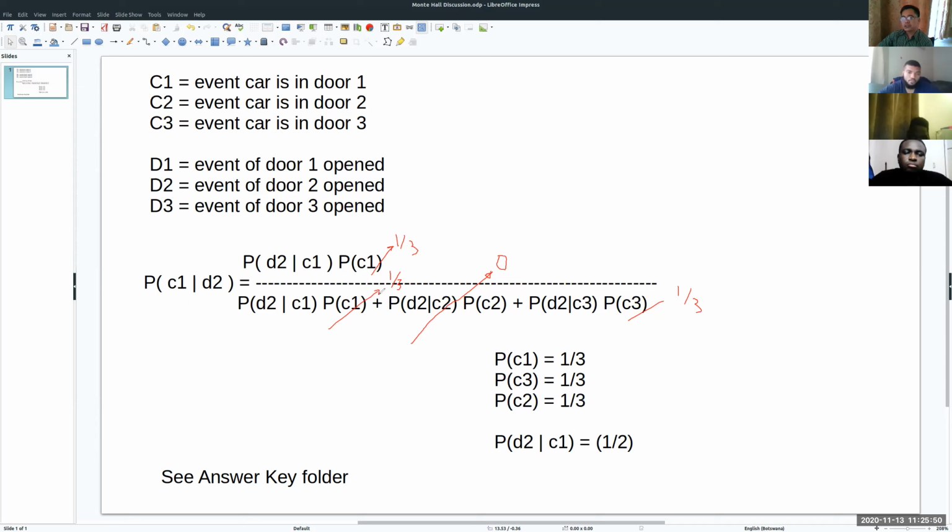And then what is the probability of D2 being open given C1? Given that C1 is open, now that will help us. From the point of view of the host, he knows that the car is in C1.